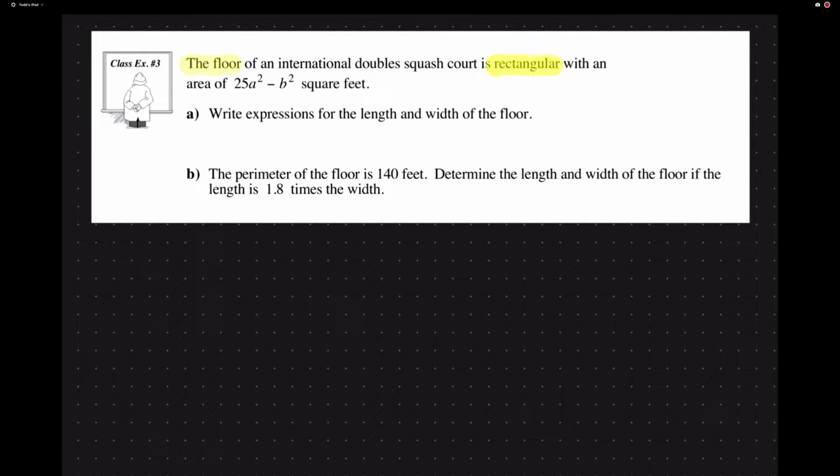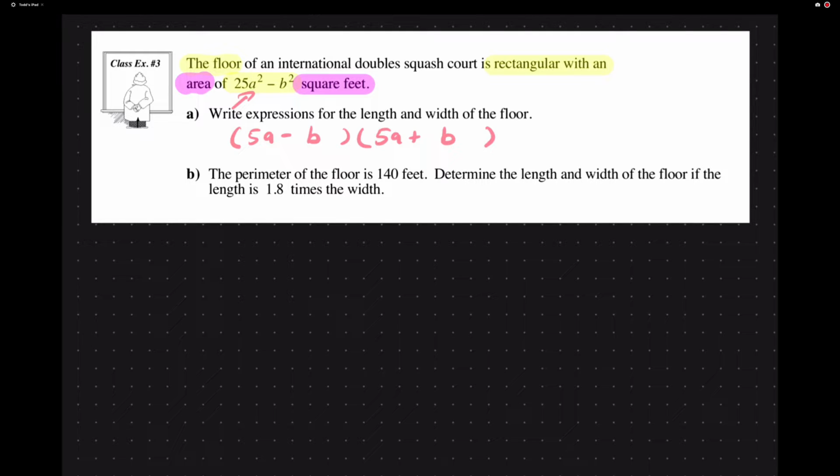It's rectangular in shape, and it has an area equal to 25a squared minus b squared, and the units are square feet. It says write an expression for the length and width of the floor. You should be able to recognize that we've got a difference of squares right there, so we're going to break that down into two binomials: 5a minus b and 5a plus b.